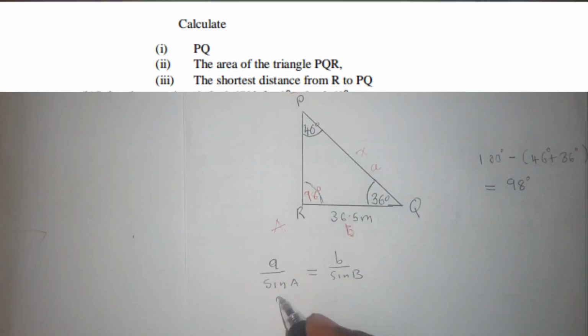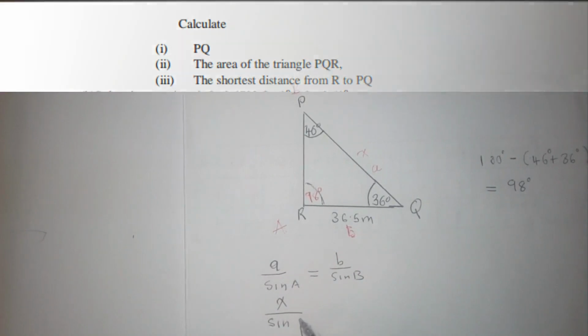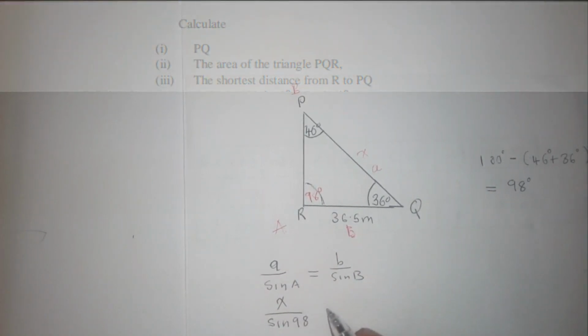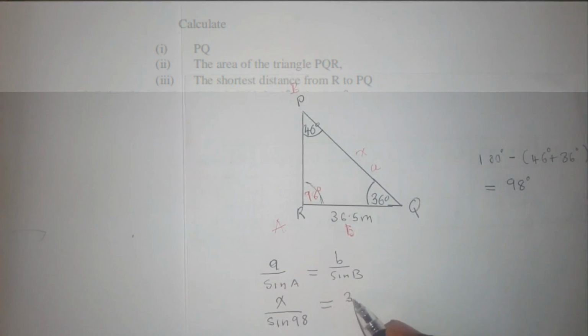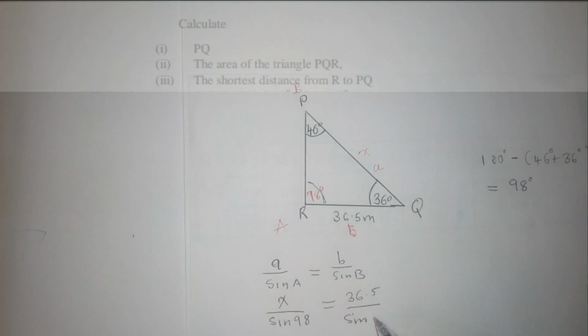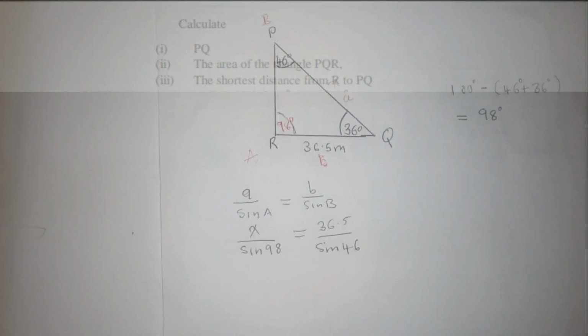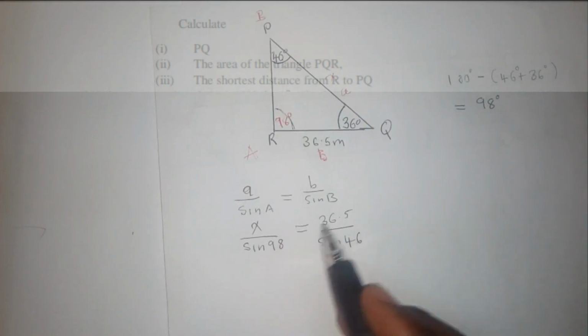Small a is X over sine capital A, which is 98, is equal to small b, 36.5, over sine capital B, which is 46.